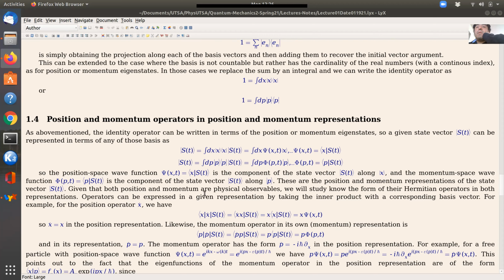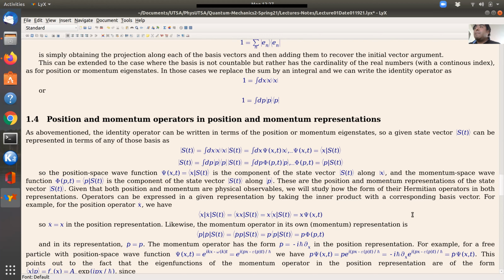So given that both position and momentum are physical observables, we will now study the form of the Hermitian operators in both representations. Of course, if you're in the position representation, the position operator is trivial, and likewise, if you're in the momentum representation, the momentum operator is very easy to find.